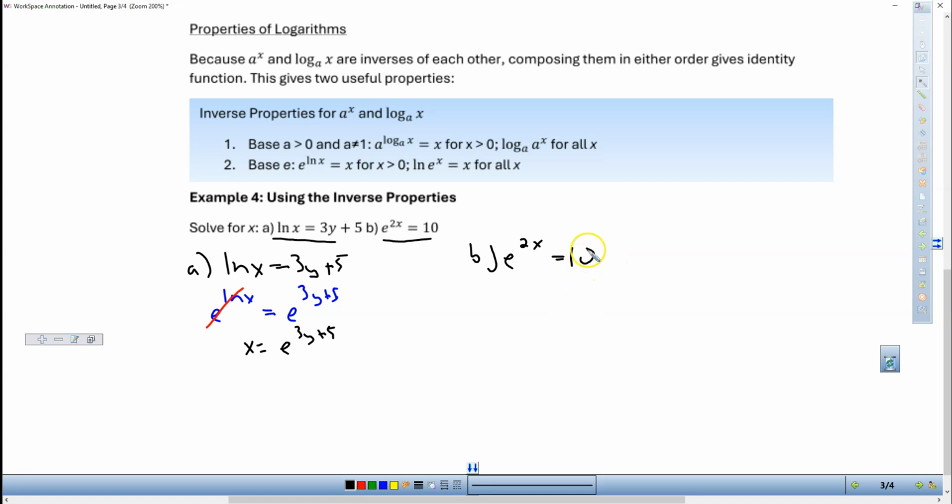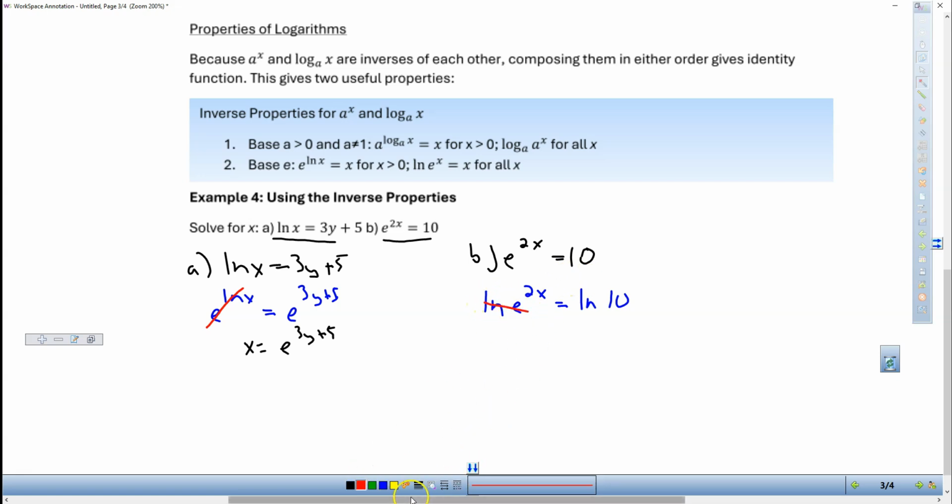And again, same thing as before, what we want to do is use our inverse properties to help us solve this out. So if we know that this is e to the power of something, I can then instead say, let's take the natural log of e to the power of 2x and set that equal to the natural log of 10. Now I can see I have something that can cancel out.